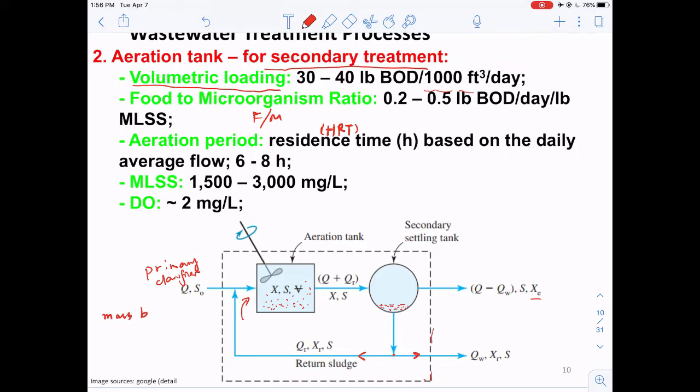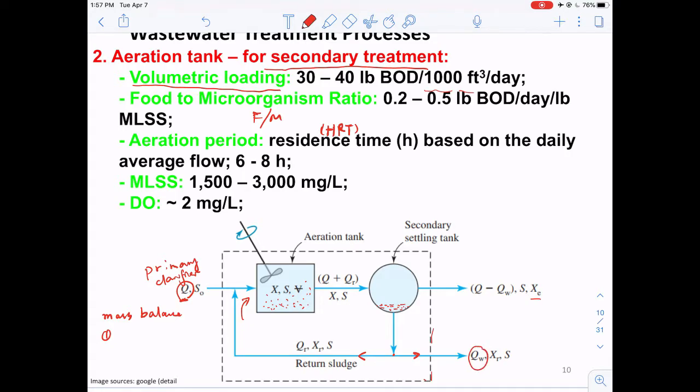So the first mass balance is just the mass balance for water, okay, or the volume balance of water, because the water volume is not going to change, right? So if the inflow rate of the wastewater is Q here, then we know that the flow rate of the effluent and the flow rate of the waste are going to sum up to be exactly equal to the inflow rate, right?